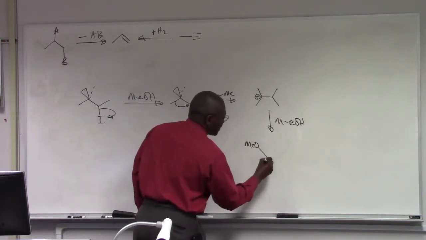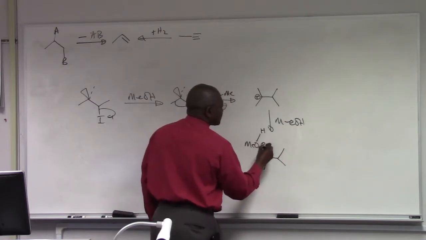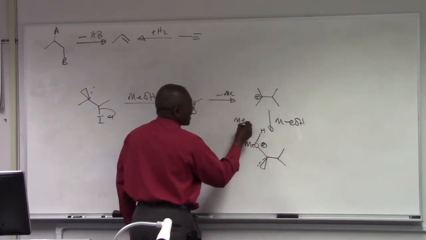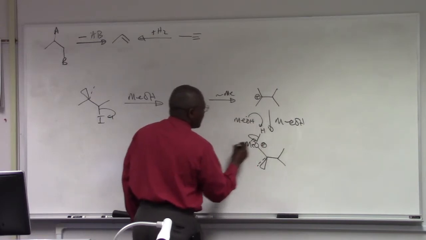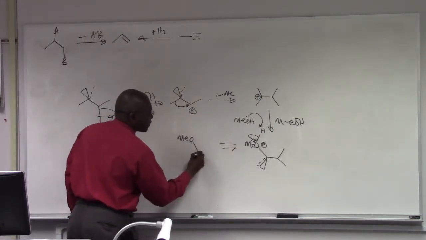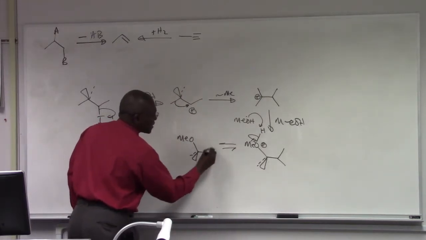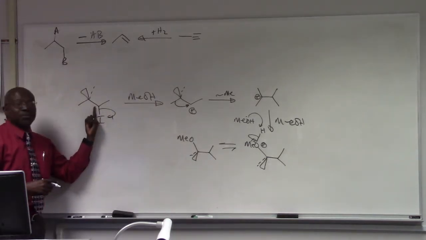Right? So technically what we get first is the oxonium ion, and then another methanol would act as a base, pluck off the proton, and give rise to your product. So what you end up with is the corresponding ether. But the point is that you would not simply get the O-Me at that position.